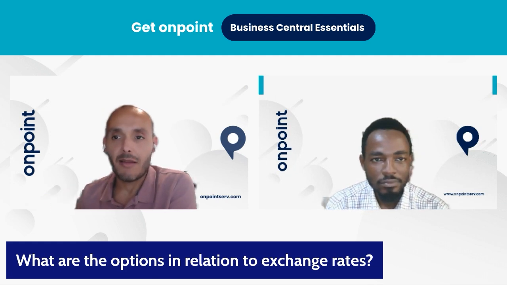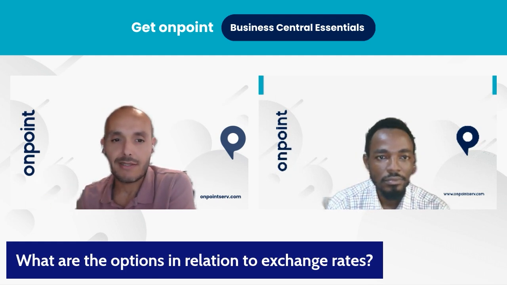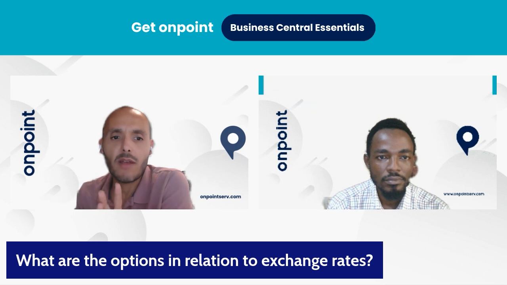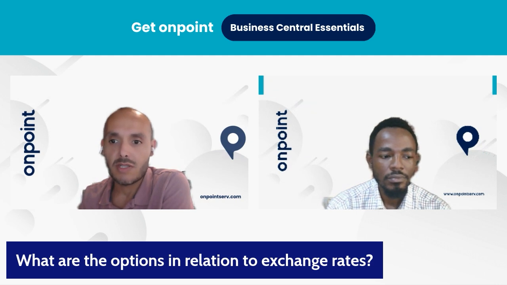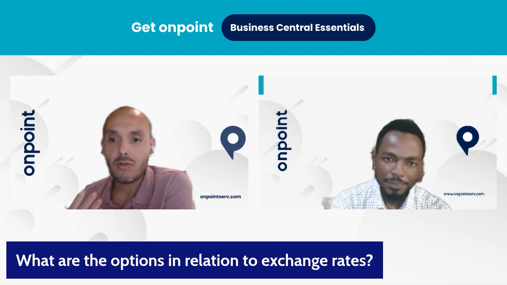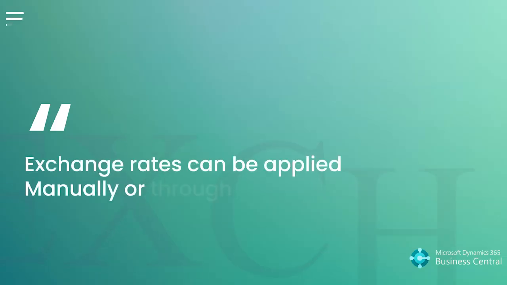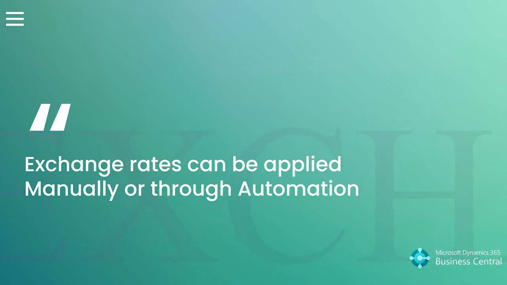So, in summary, following our last discussion about currencies, the exchange rate, which is obviously a pivotal aspect of currencies, has two options practically. We either input the exchange rates manually, or we use the system to automatically upload the exchange rate based on the source that we choose.